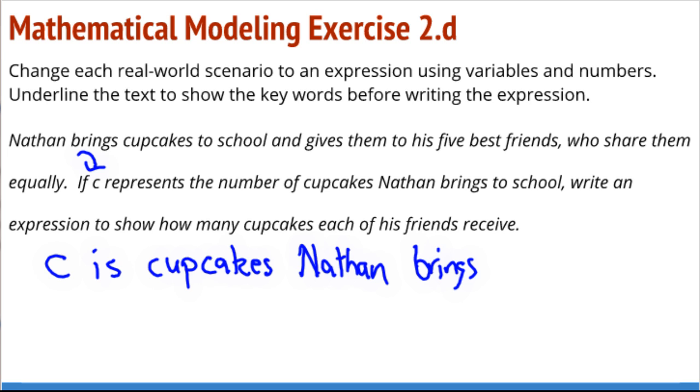And I am supposed to write an expression to show how many cupcakes each of his friends receive. And so he's sharing these amongst 5 friends. Now, what operation goes with sharing? Well, this would be division. Now, I know that for many students, division is a tricky one. So it may be that you even want to draw a model to help you out here.